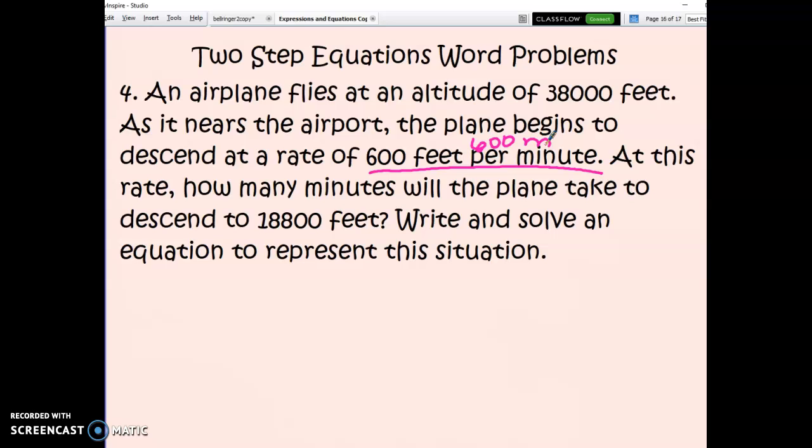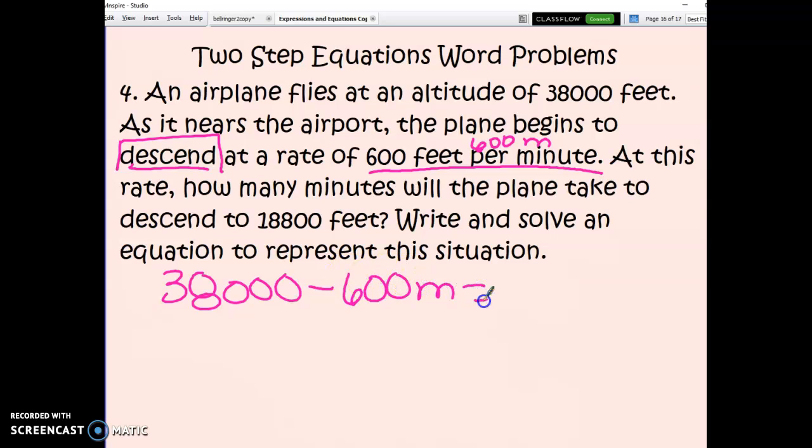At this rate, how many minutes will the plane take to descend to 18,800 feet? So we start with 38,000. It is descending, which means subtracting, at a rate of 600 feet per minute. And we're trying to find out how long it's going to take to be at 18,800.